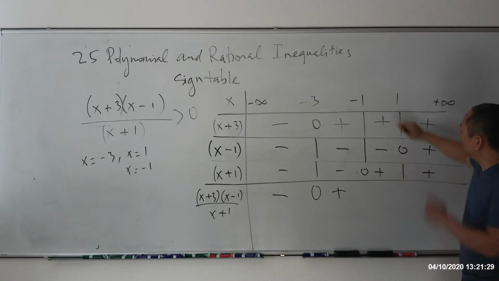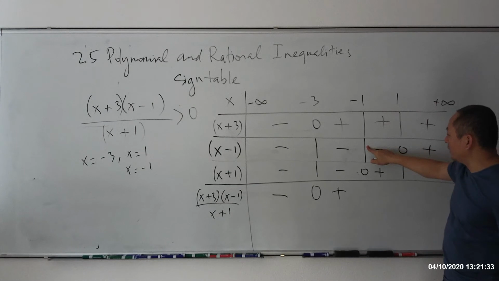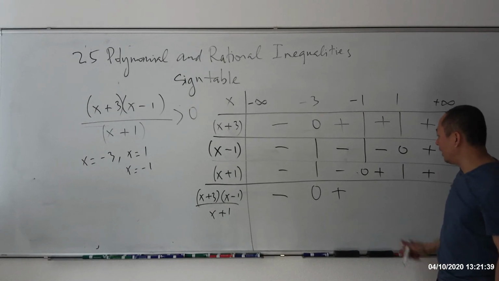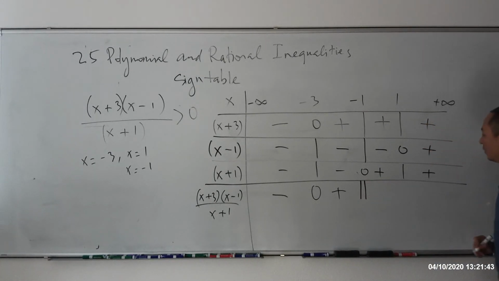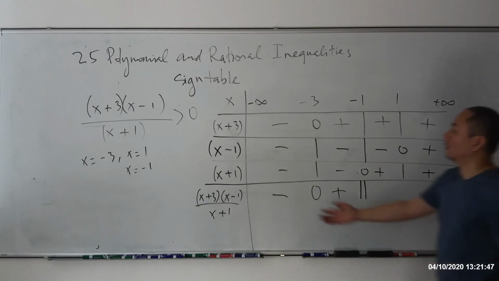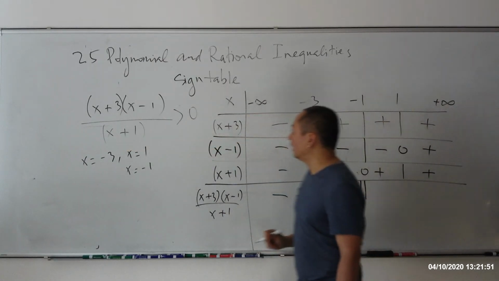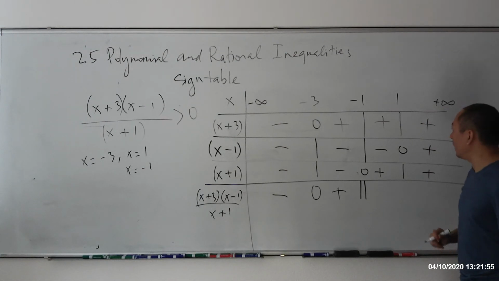Now, here comes a special case: x equal to -1. Something times something is something, and something divided by 0. We learned before, whenever you divide something by 0, it's going to be undefined. And this is our notation for undefined: two vertical parallel bars saying that we have no value for the function. Of course, we learned in the previous section that with x equal to -1, the rational function is undefined, not in the domain.